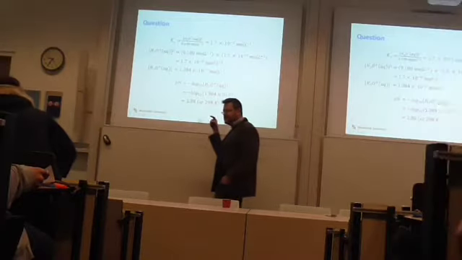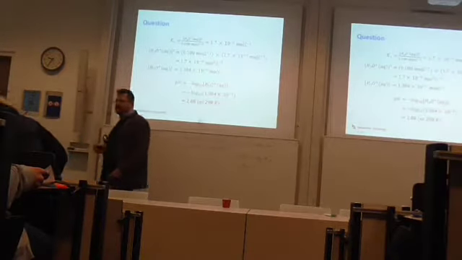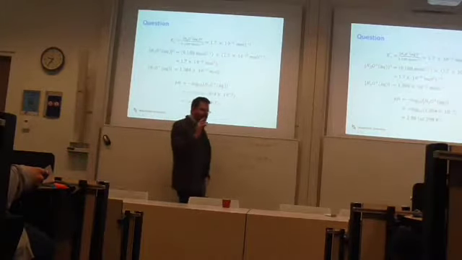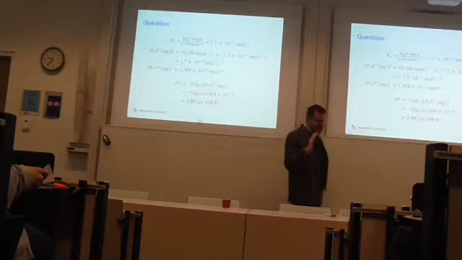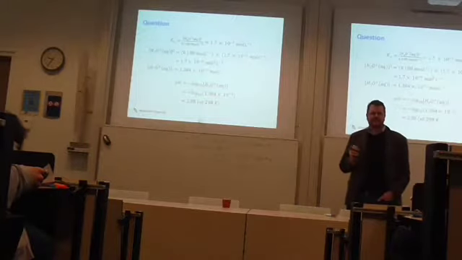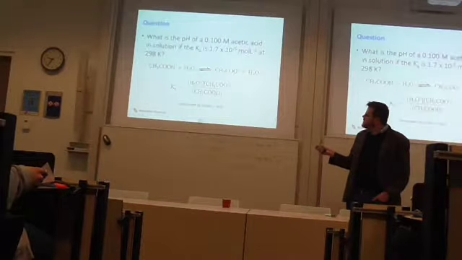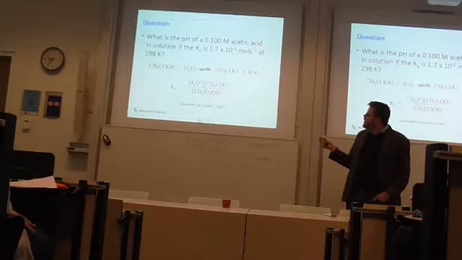Now, somewhere in this whole calculation, I've done something. What have I done? I've made an assumption. The assumption I've made is that the concentration of the acetic acid is 0.1.